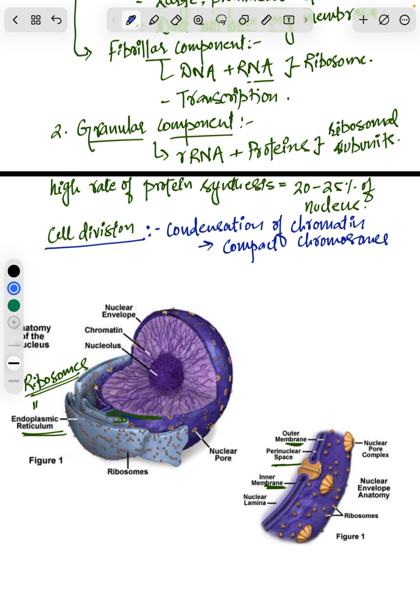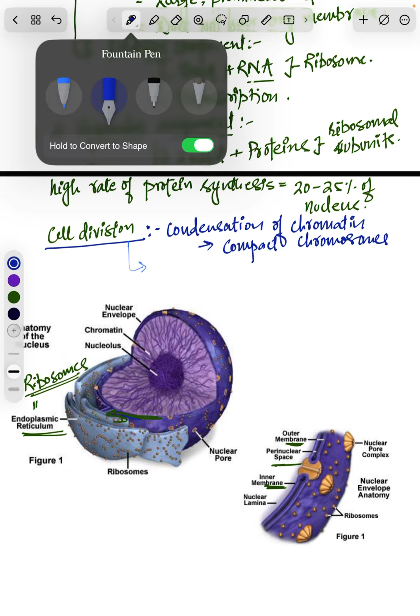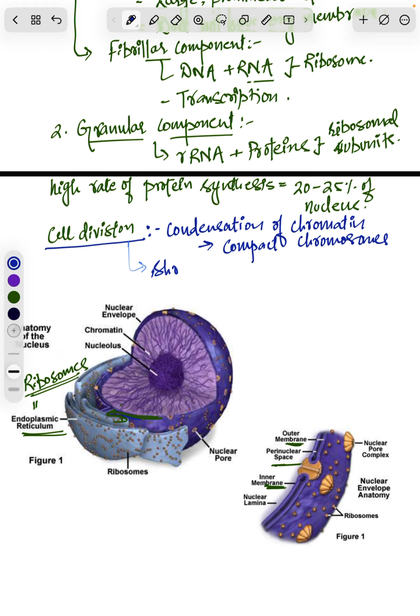Now, shrinkage and disappearance of the nucleolus takes place during this process.